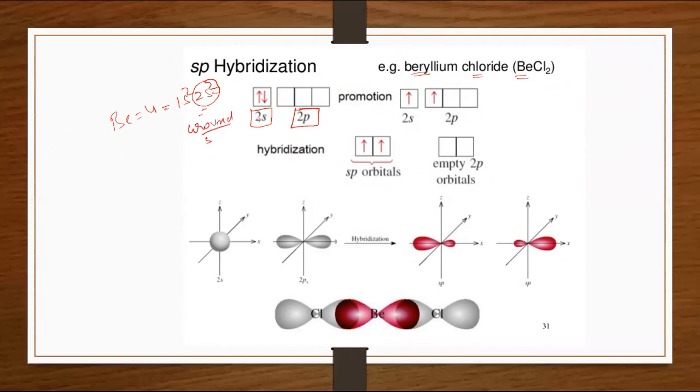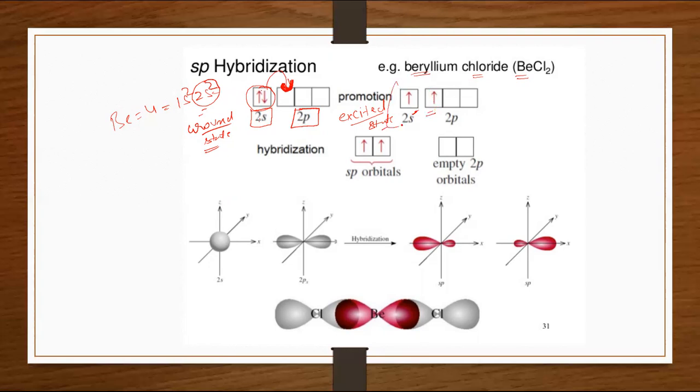At the ground state, the electrons remain at their original position. Now they reach the excited state. In the excited state, this electron is jumped to a higher energy subshell, that is the p subshell. So there is one electron in the s subshell and one electron in the p subshell.